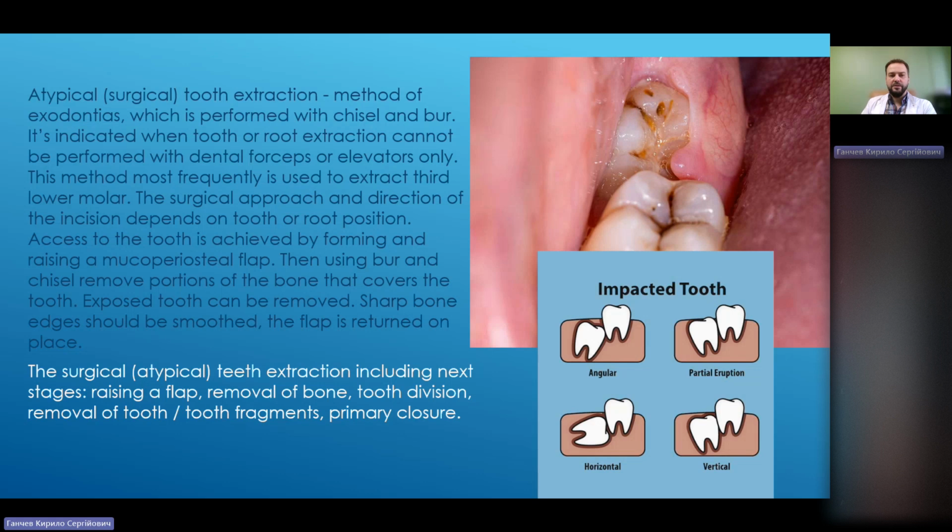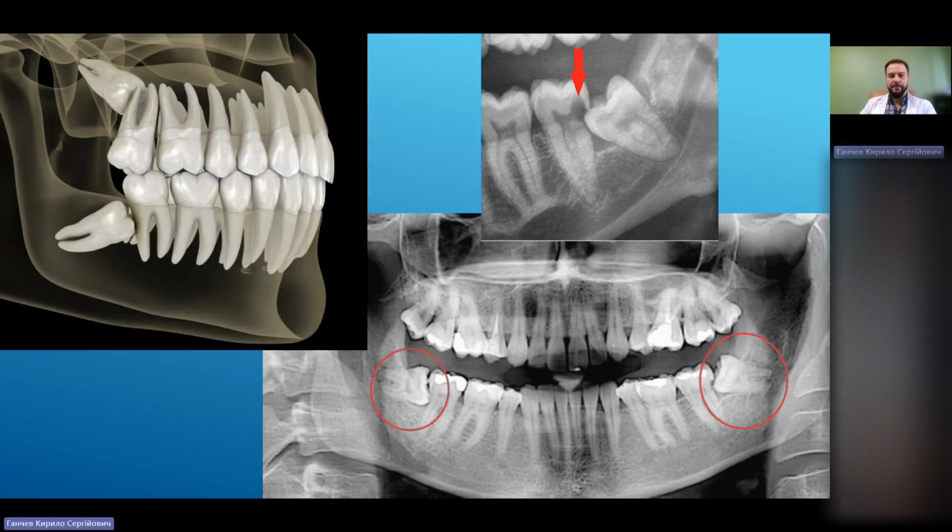Sharp bone edges should be smoothed. The flap is returned to its place. The surgical or atypical tooth extraction includes the following stages: raising the flap, removal of bone, tooth division, removal of tooth or tooth fragments, and primary closure.